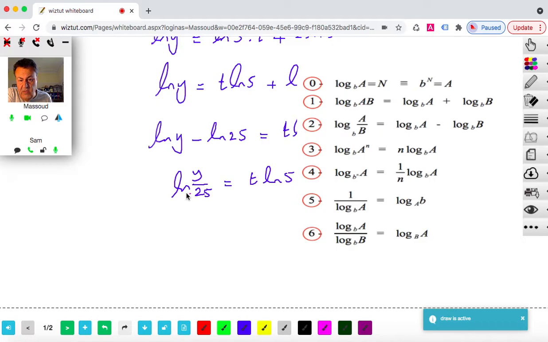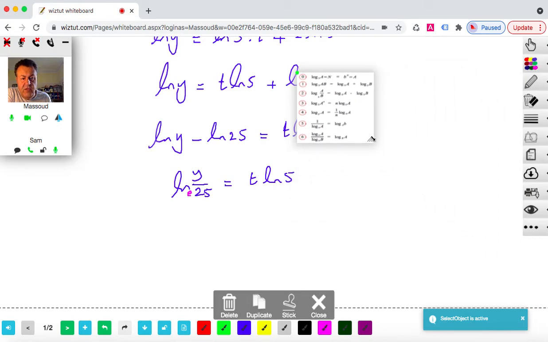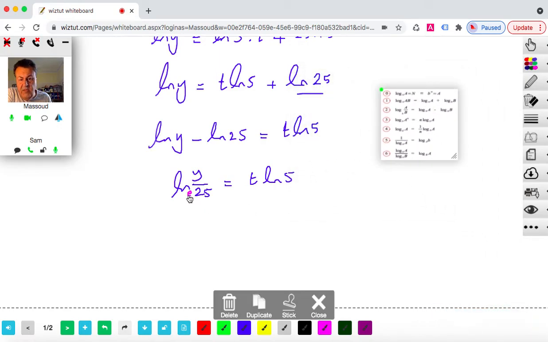If I can maybe write the e here, so you can see that there is a base there. And let's reduce the size of this. So we say base to that power is equal to the subject. So therefore, the subject, which is y over 25, is equal to e to this power.